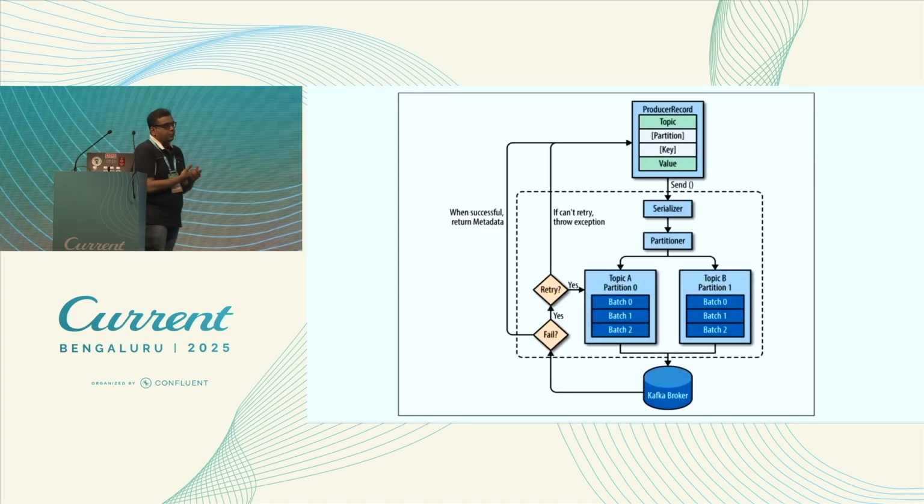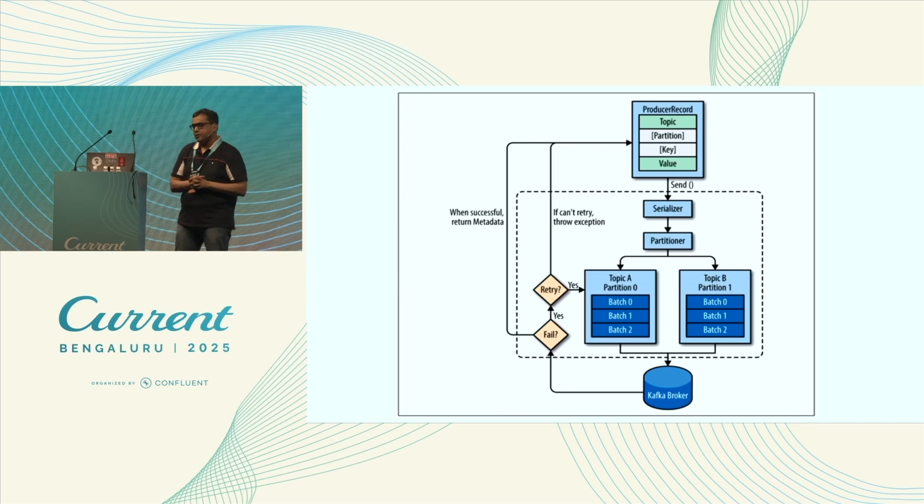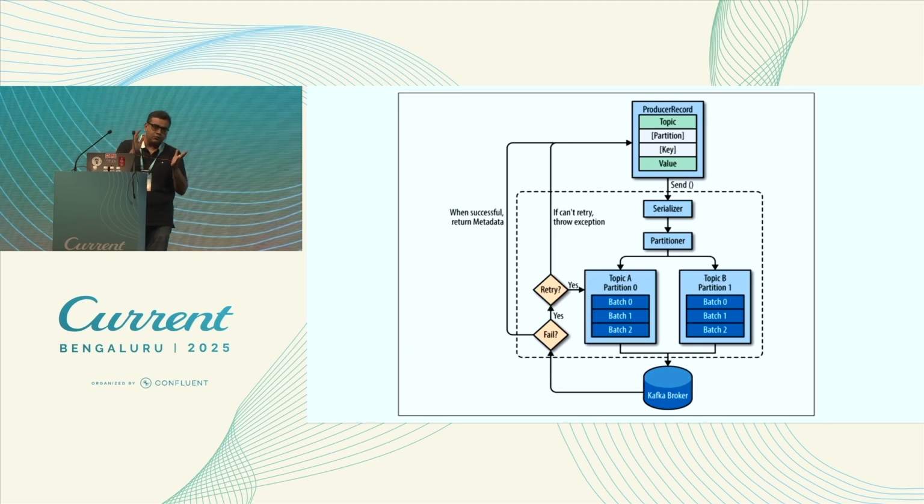If you look at the producer, it's a very busy person, really. It doesn't look like it if you look at producer code, but all these things keep on happening. There is a serializer which takes these messages and converts them into byte array forms. There's a partitioner which ensures that these messages are assigned to the right partitions.